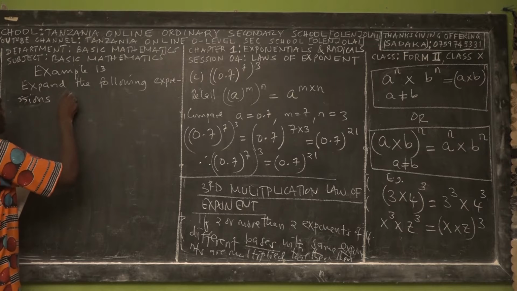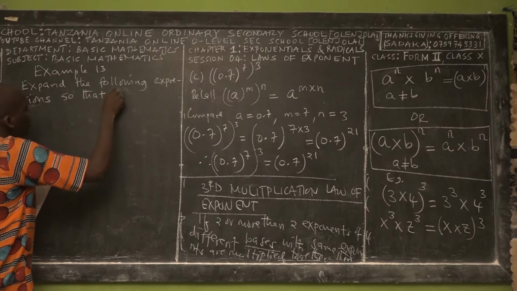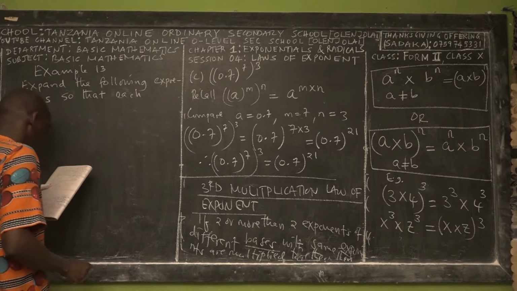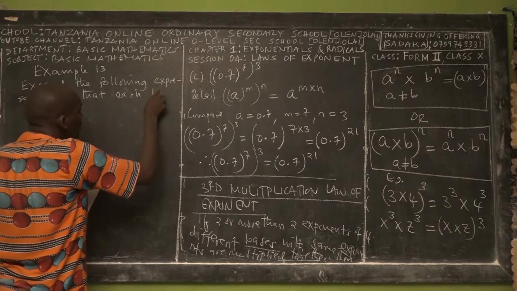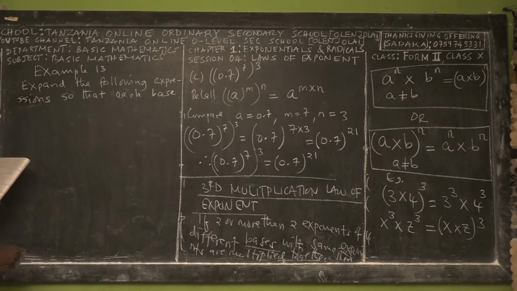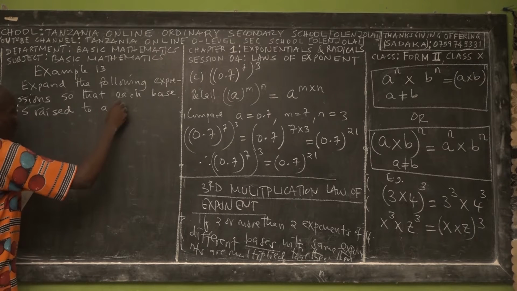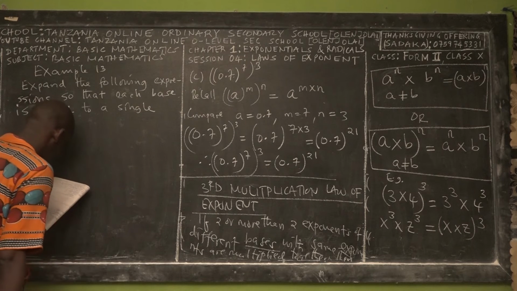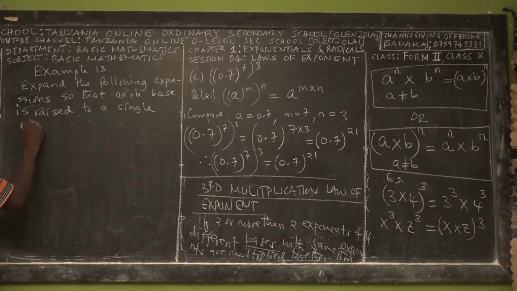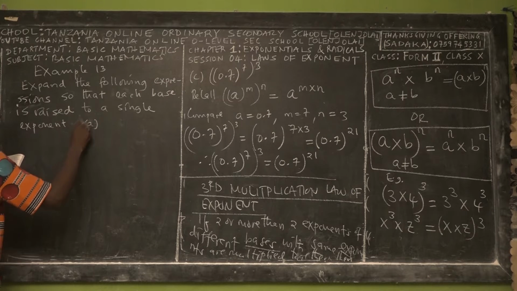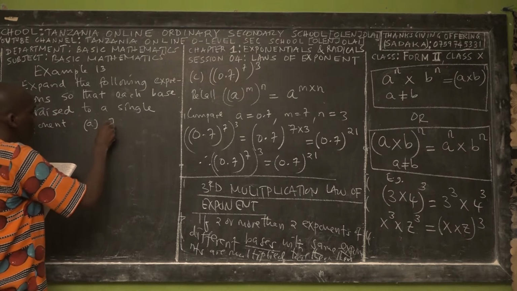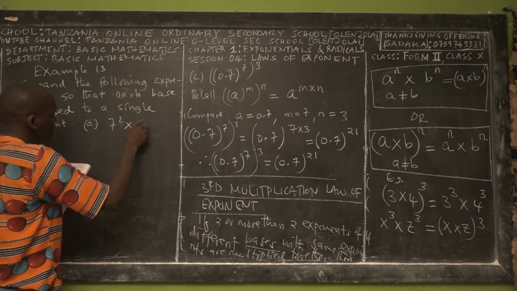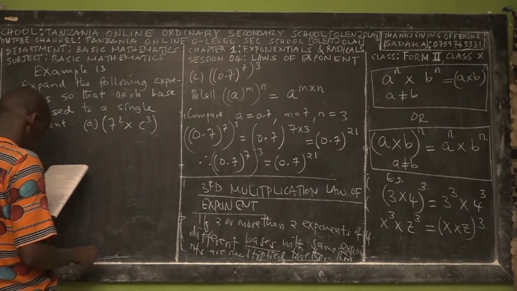So that each base is raised to a single exponent. A: 7 by 2 times C power 3, power 4.